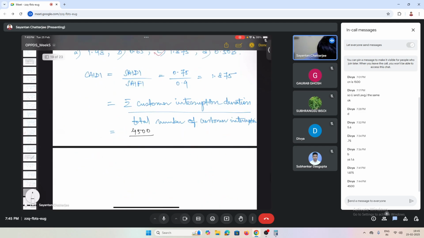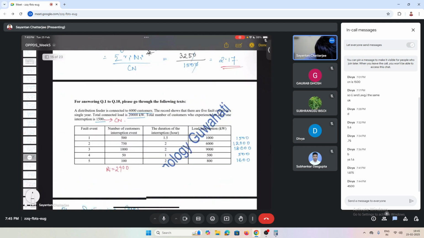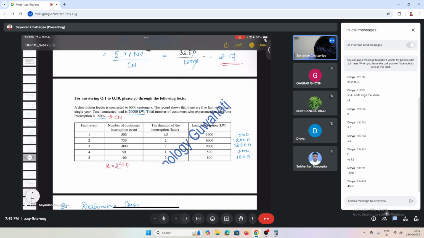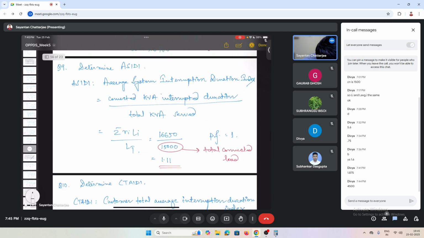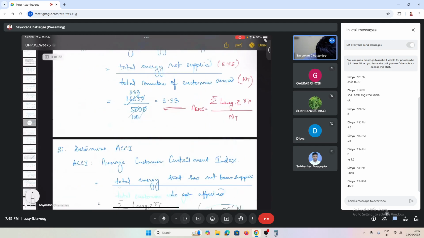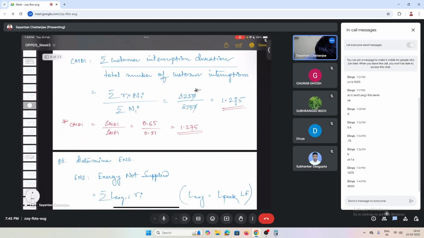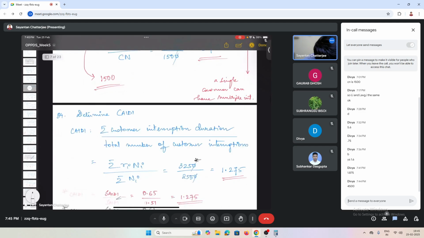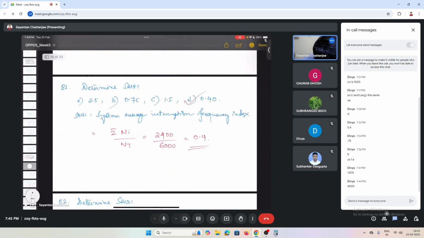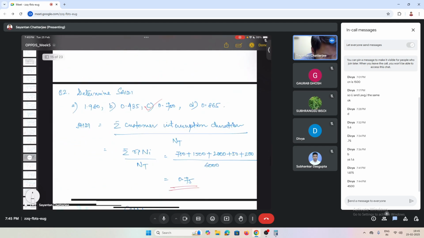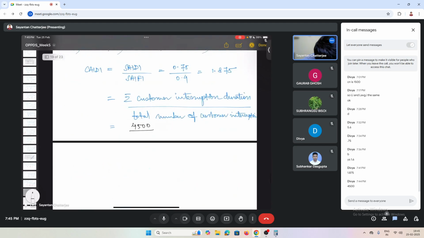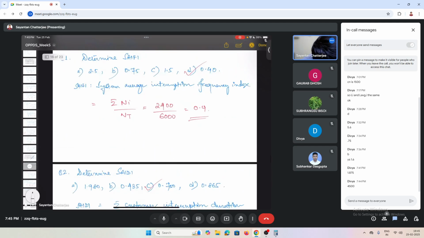Yes, and total number of customer interruptions. Total number of interruptions we need to take from C16, A9, total number of interruptions to 2400. This value A9 we need to take.